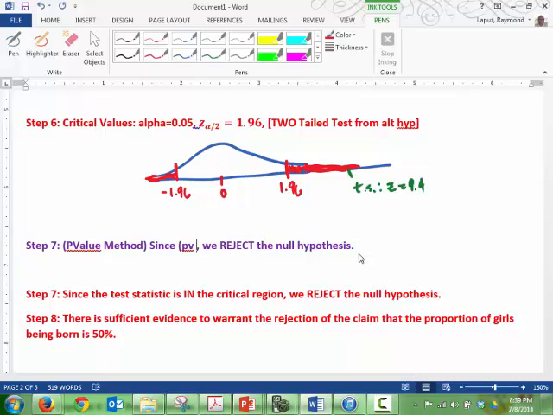It's almost 0, right? So it's less than alpha. What is it? 5.5 e to the negative 21 is less than your alpha, which is 0.05.